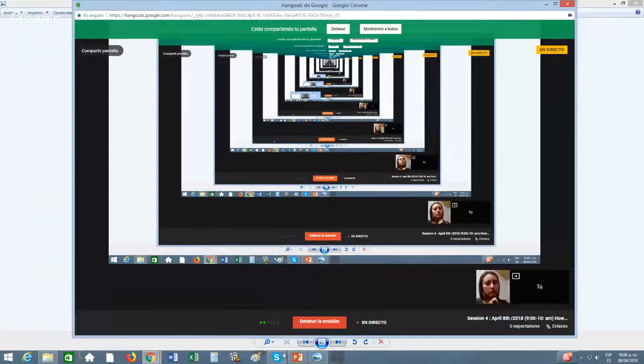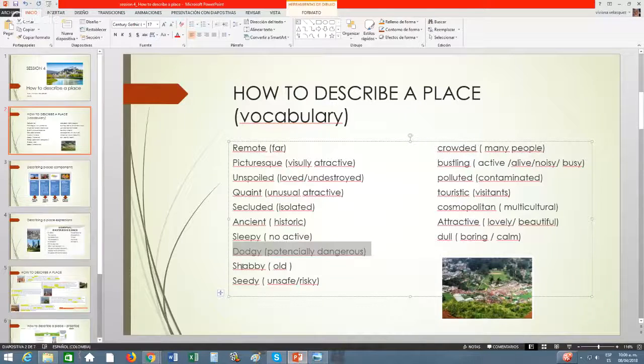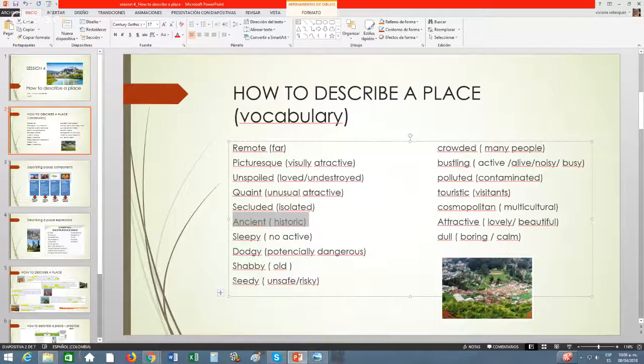Okay, the other one is shabby, which is a synonym of an ancient or historical place. Okay, it is not a big deal. And the other one is seedy. Seedy refers to an unsafe or risky place, which is a synonym in that case of dodgy. Yes, dodgy or seedy.